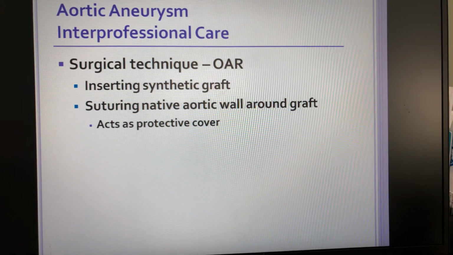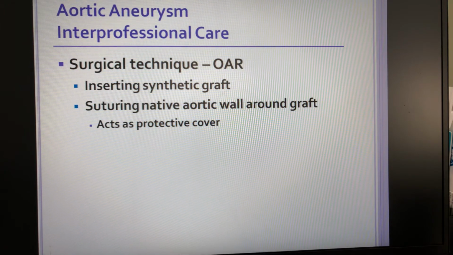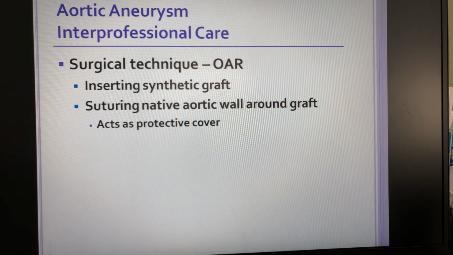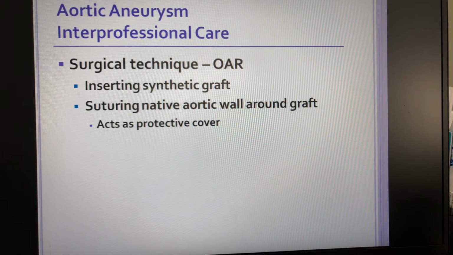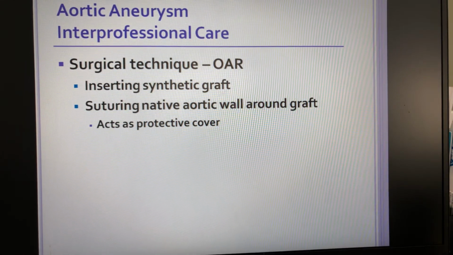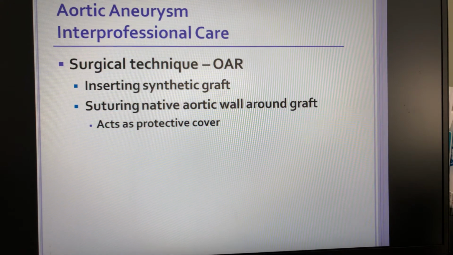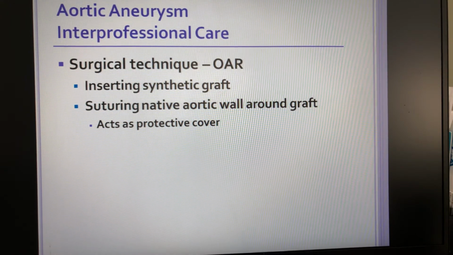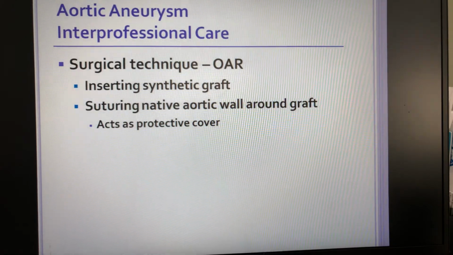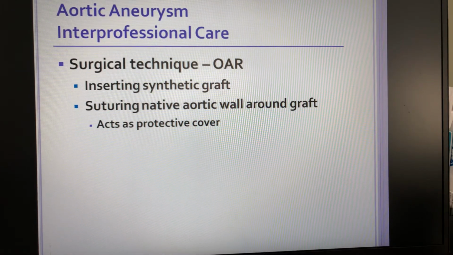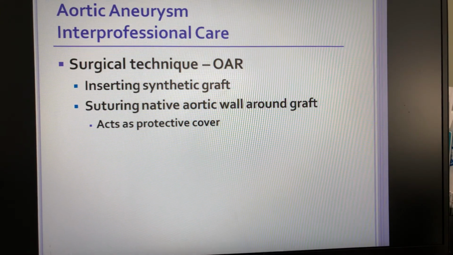With the OAR procedure, they actually insert a synthetic graft, and that graft consists of Dacron or polytetrafluoroethylene, PTFE, with suturing of the native aortic wall around the graft. They do that as a form of protection, and on the next slide it's going to show these particular techniques.